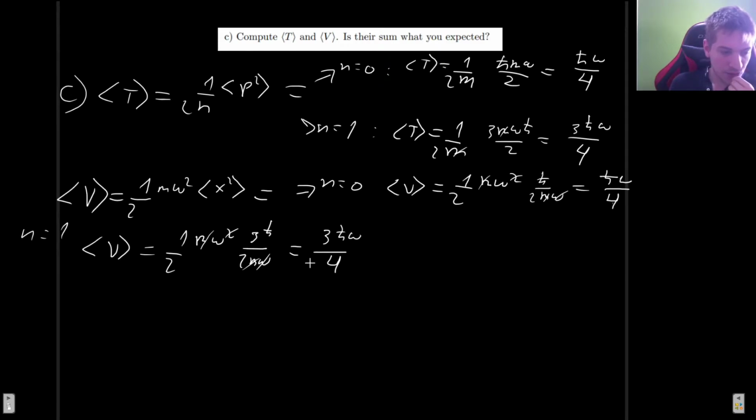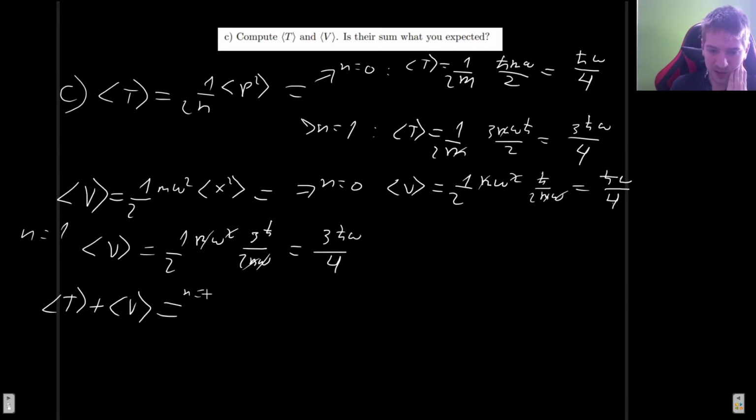Okay, so these are our results, and we are asked to see if their sum is what we expect. So let's take a look at that. T plus V should be the total energy, right? Because this is basically the Hamiltonian, this is everything there is.